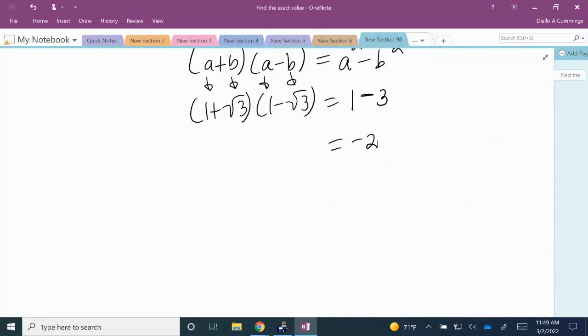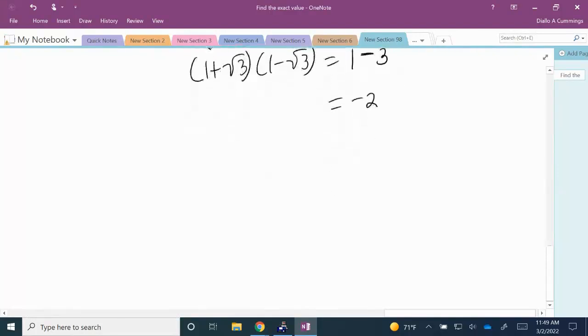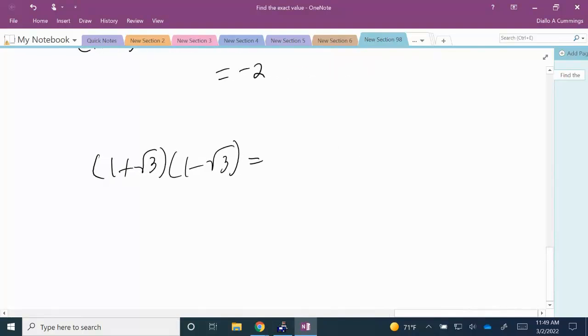Or I can FOIL it out. I'll actually FOIL that out. Okay, that's using the formula. We can FOIL that out, so 1 plus the square root of 3 times 1 minus the square root of 3. We can multiply the first terms: 1 times 1 is 1.